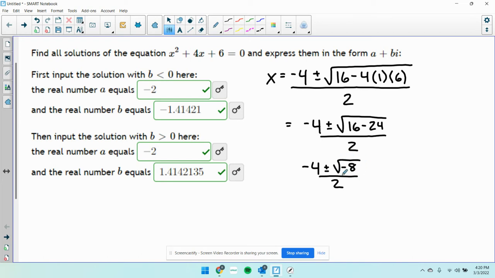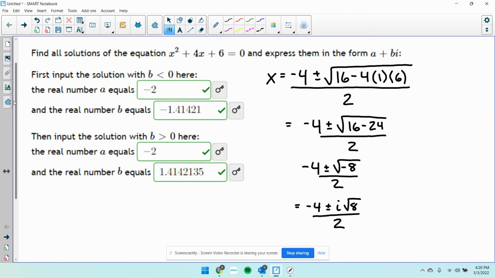If I simplify this radical of 8, well, the negative is going to come out and give me an i. And they want it in terms of a plus bi. So it doesn't really matter. We can leave it as negative 4 plus or minus i root 8 because they want decimals. They accept decimals here.